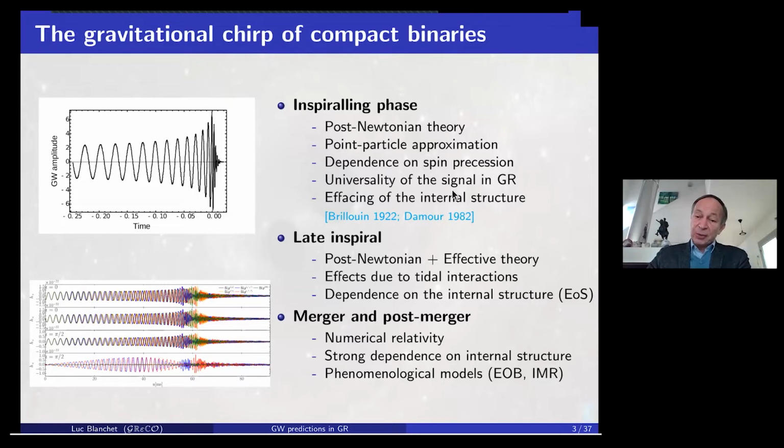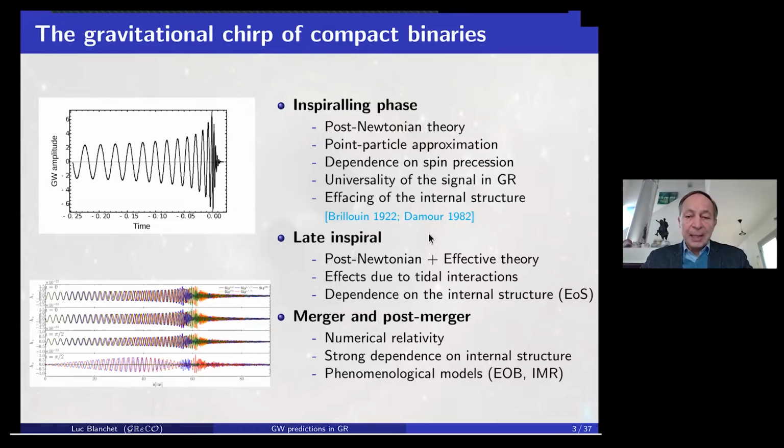This is sometimes called in the literature the principle of effacement of the internal structure. This is a feature of GR, and it is actually due to the strong version of the equivalence principle, which is satisfied by GR, which is actually the only theory to satisfy exactly the strong version of the equivalence principle.